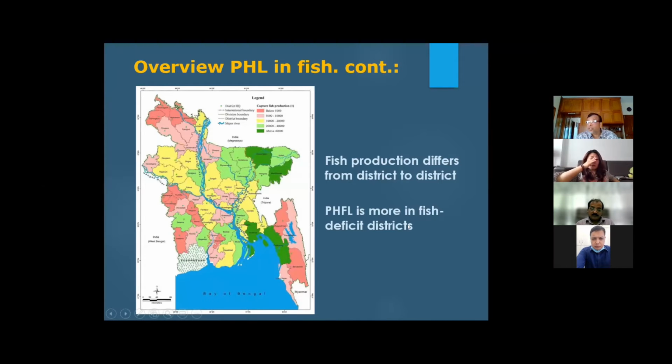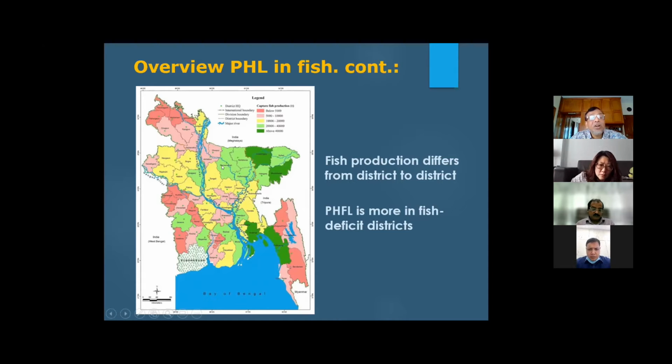Our fish production is not uniform in all districts. Some districts may have surplus production, some districts have a deficit. As far as the graphic figure is concerned, you see the green districts produce more than 40,000 tons per annum.